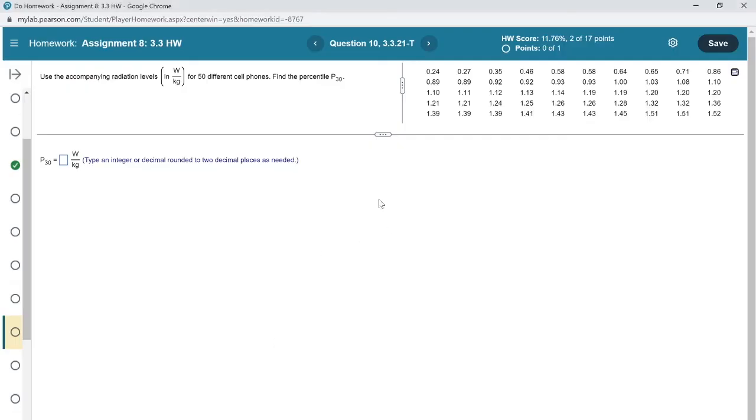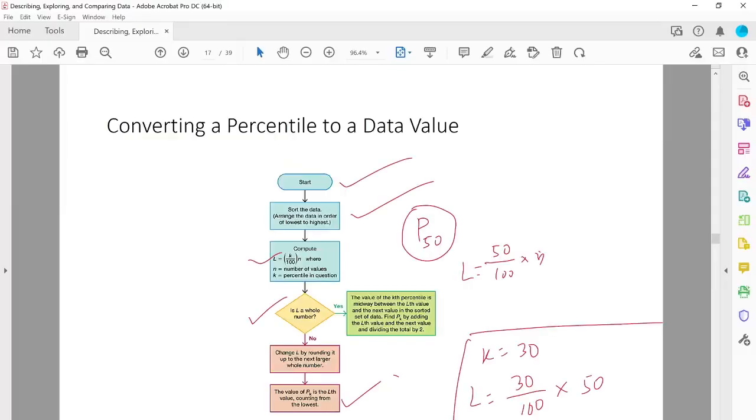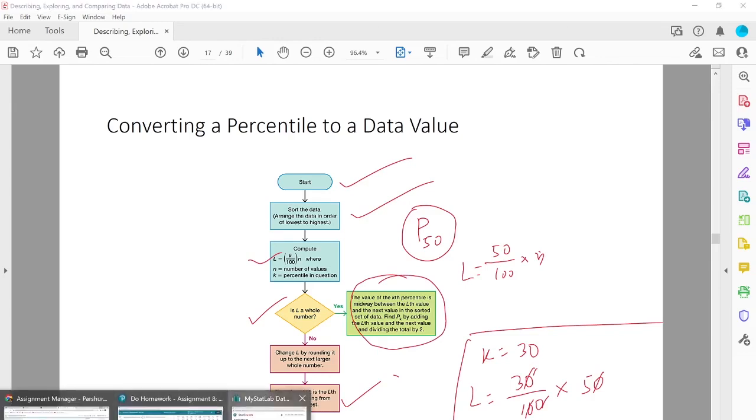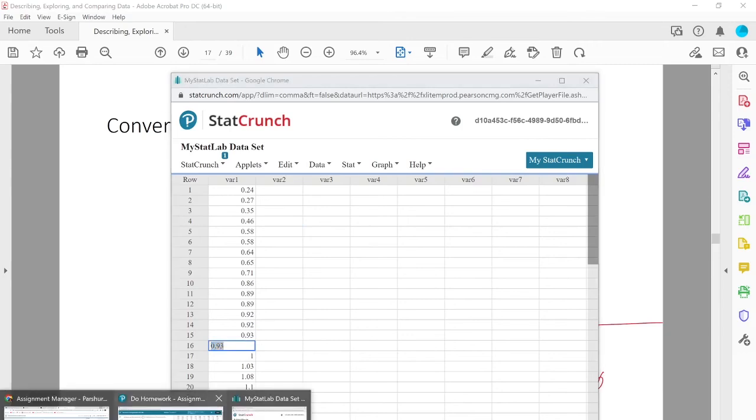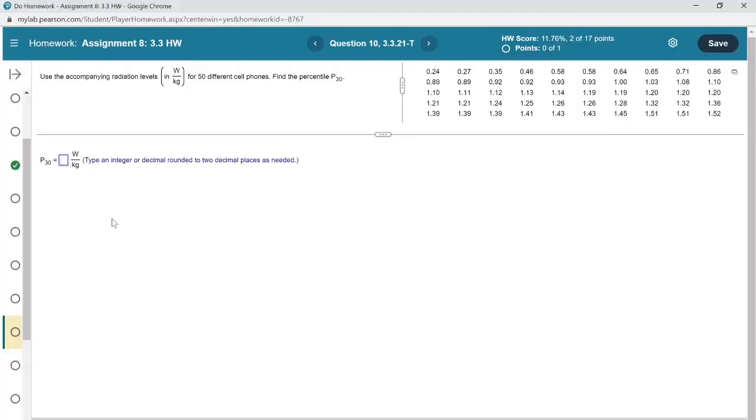By doing this calculation, it would be 15. So 15 is a whole number. Then if the locator is a whole number, you need to find the data from the 15th position and the 16th position. The 15th position is 0.93, and the 16th position is also 0.93. So the average of these two numbers is 0.93. So percentile P30 is 0.93.